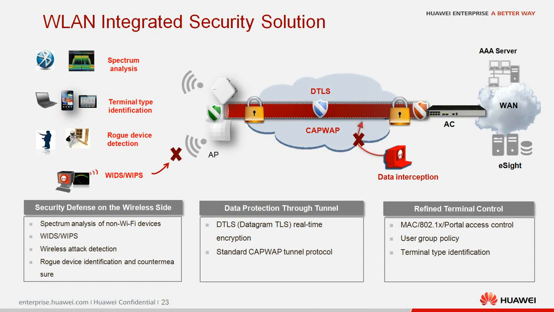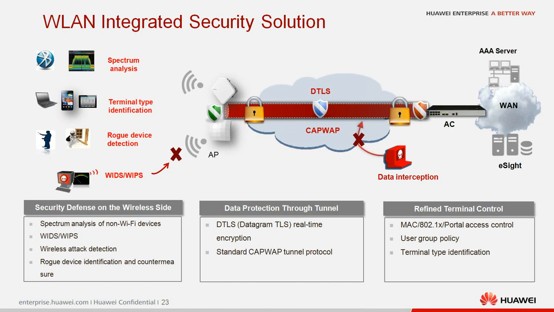The first one is spectrum analysis. We can identify the source of the interference and make optimizations and changes accordingly. We can identify the terminal type, extremely important especially in the BYOD world. We can identify which operating system and which device you're coming from.